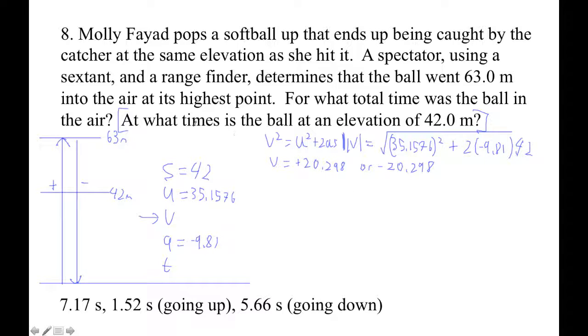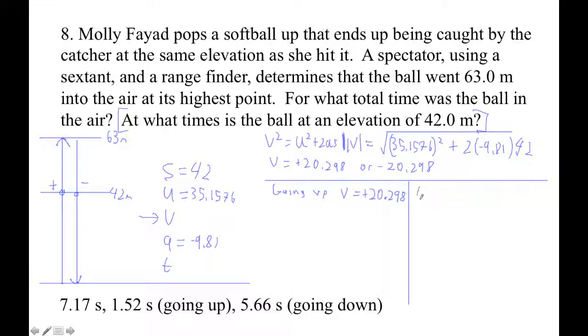So if we want to solve for the times, that is the time it passes the elevation on the way up and the time on the way down, we're going to use v equals u plus at, only we're going to do it twice. Okay? So let's do this as going up. The final velocity will be positive 20.298.